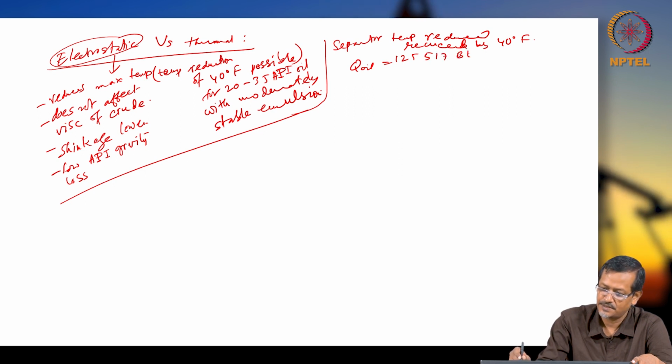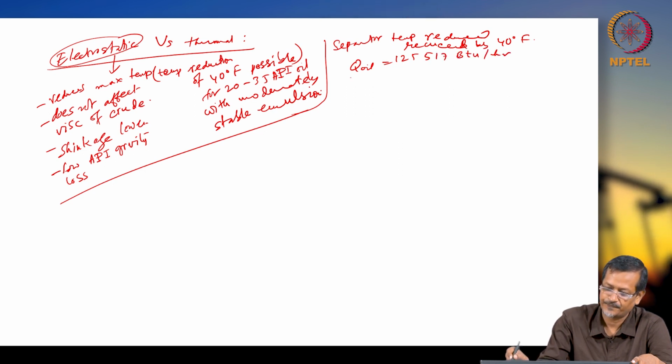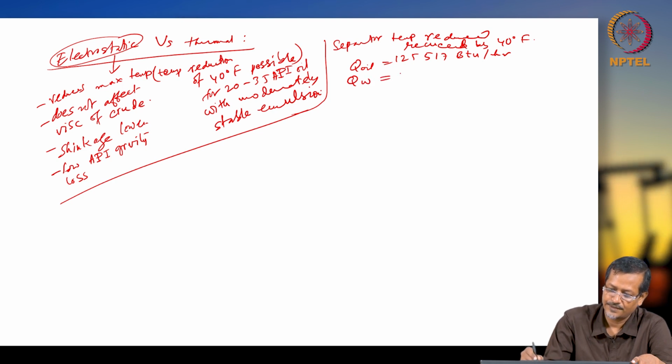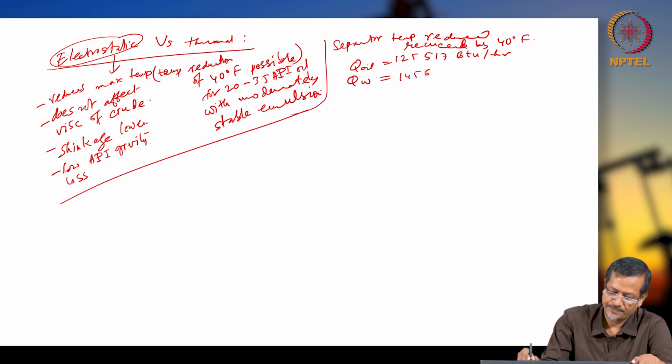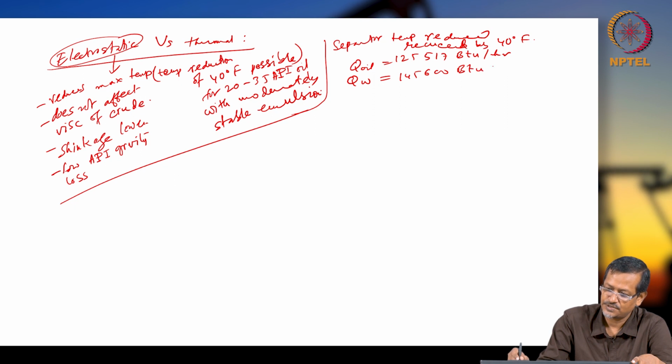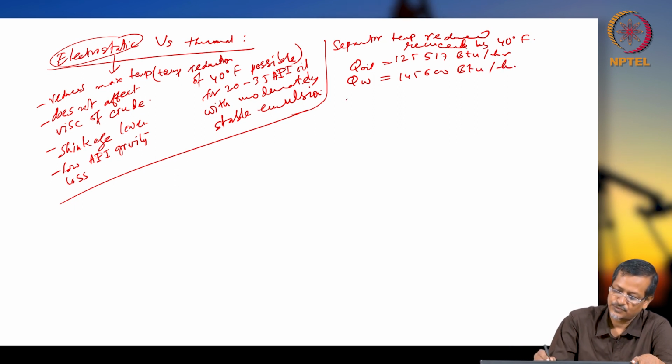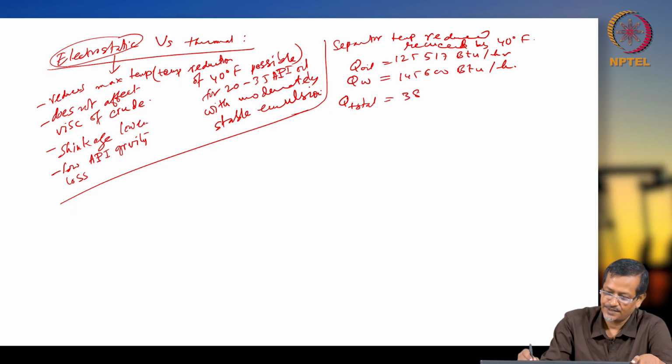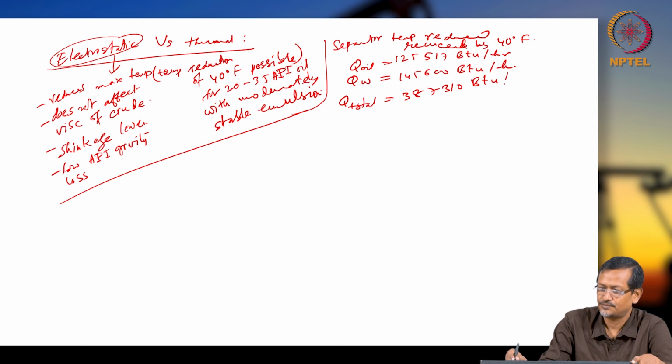In that case, Q oil, from the previous formula, we can get 125,517 BTU per hour. Q water is 145,600 BTU per hour. So total Q is 387,310 BTU per hour.